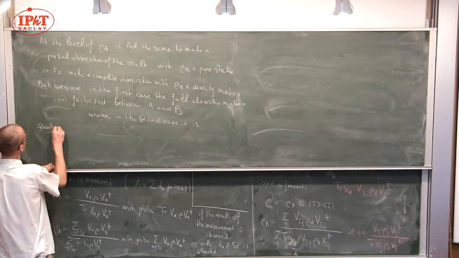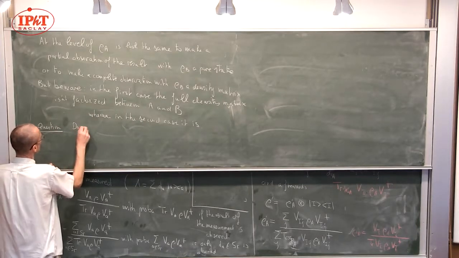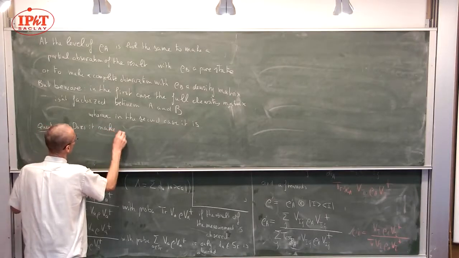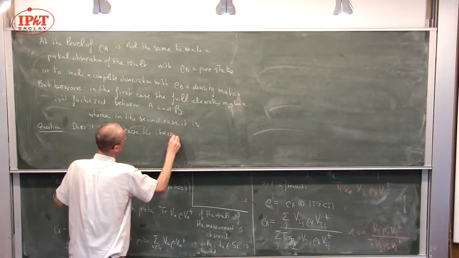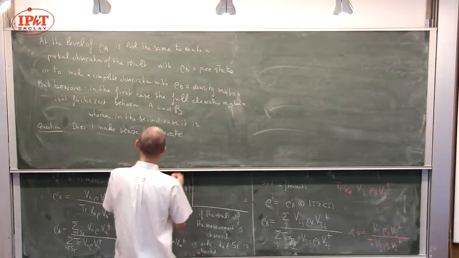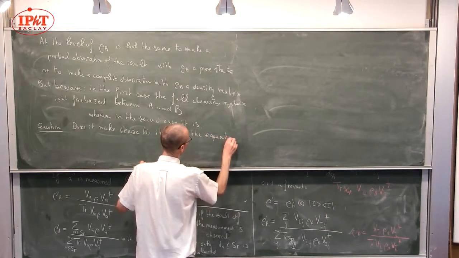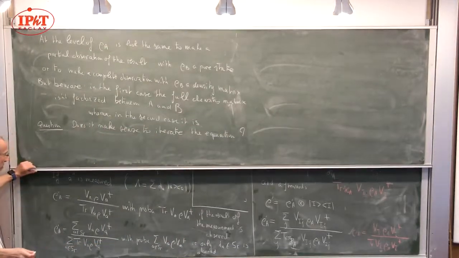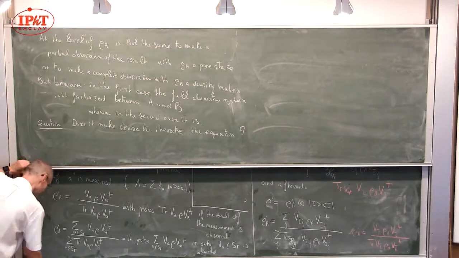Okay, so this is a remark I wanted to make, and then comes a last mathematical theorem, which is a crucial question. Does it make sense to iterate the equations? Okay, we have now a family of equations which are quite general.